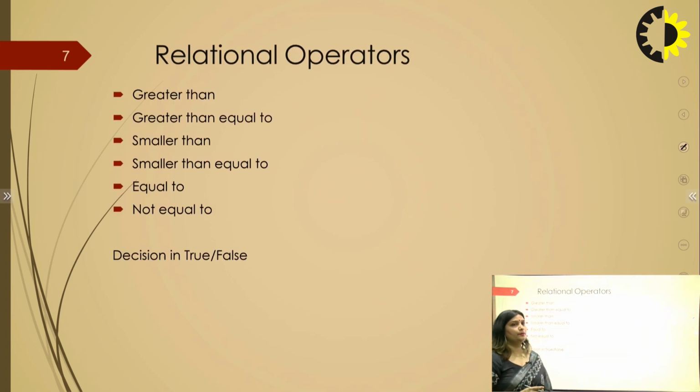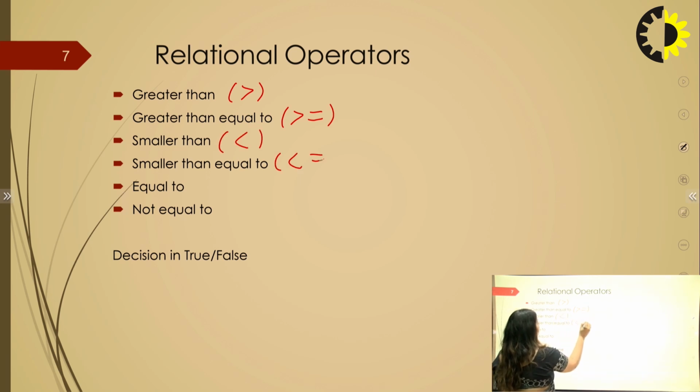Relational operators basically decide the relation between two variables, that is greater than, greater than or equal to, smaller than. The symbol used for greater than is this, greater than or equal to we write this way, and smaller than or equal to.